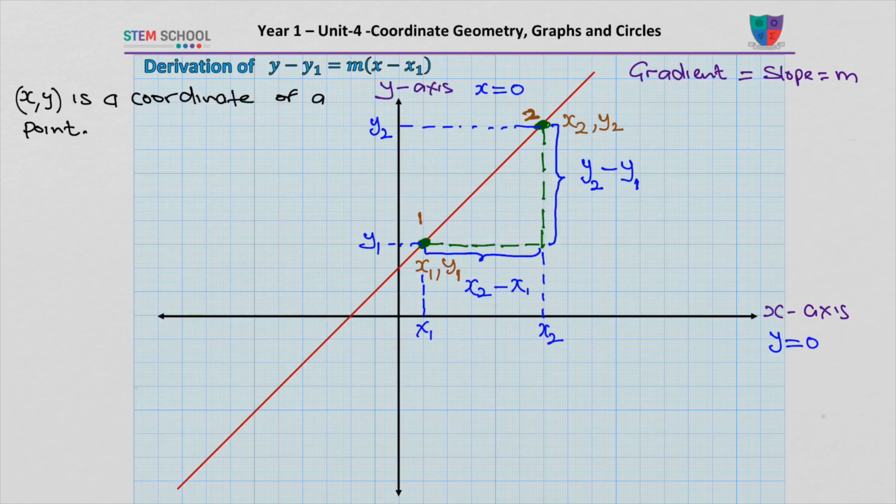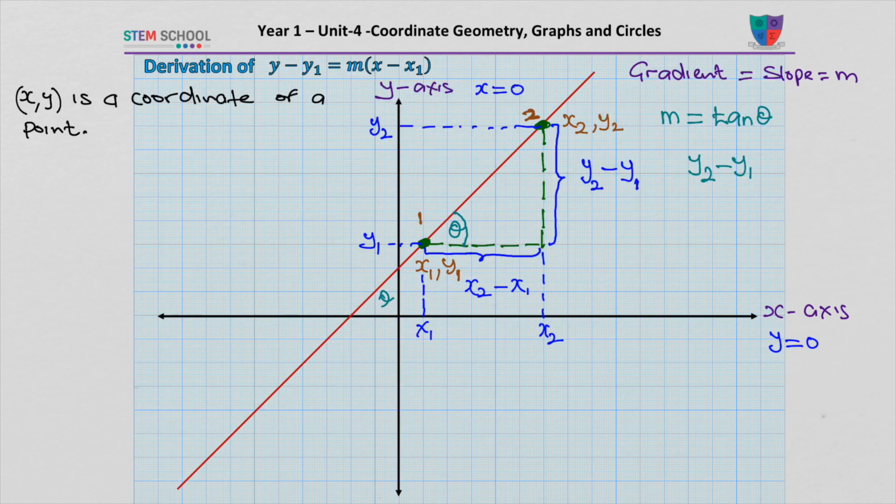So I'm trying to find the slope here, and the slope is also called gradient, and the gradient we sometimes coin as m. So we now know that the gradient is called m. M can also be called tan theta. This angle is also theta.